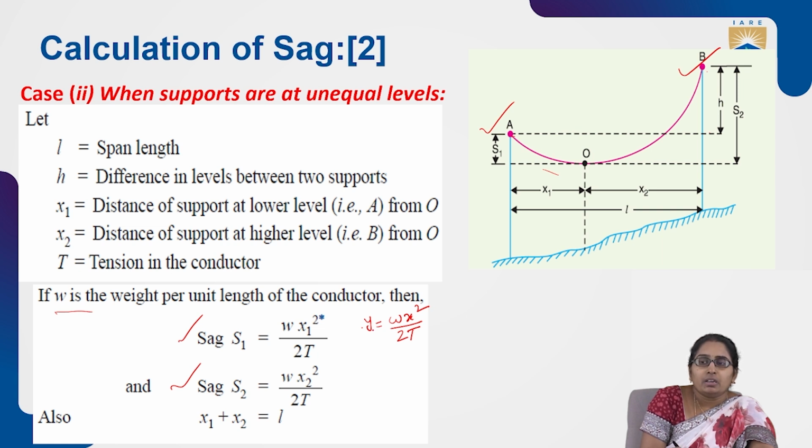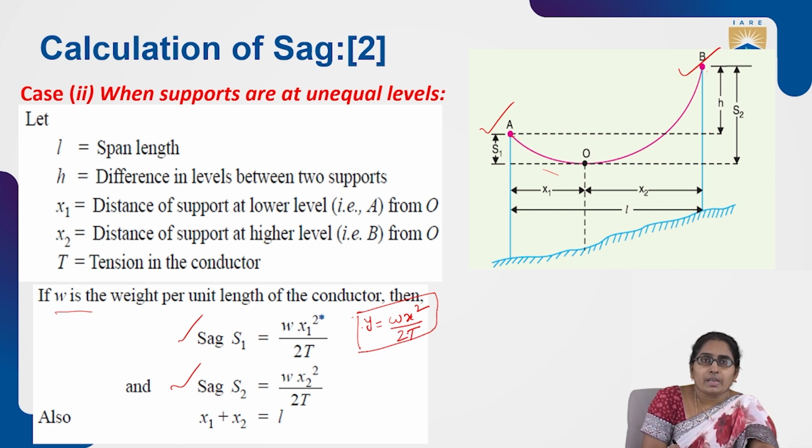On that small portion the two forces are the weight of the conductor and the tension in the conductor. Based on that, we have the initial expression y is equal to wx square by 2T.